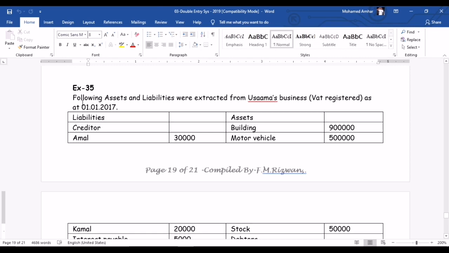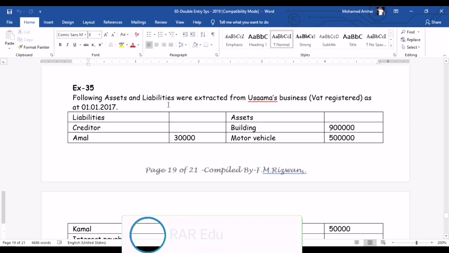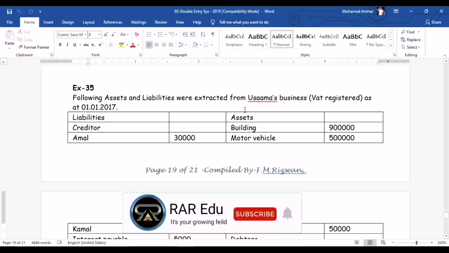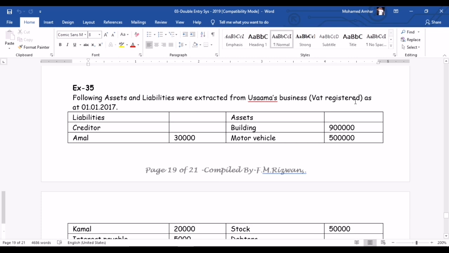Following assets and liabilities were extracted from Usama's business, VAT registered, as at 1/1/2017.